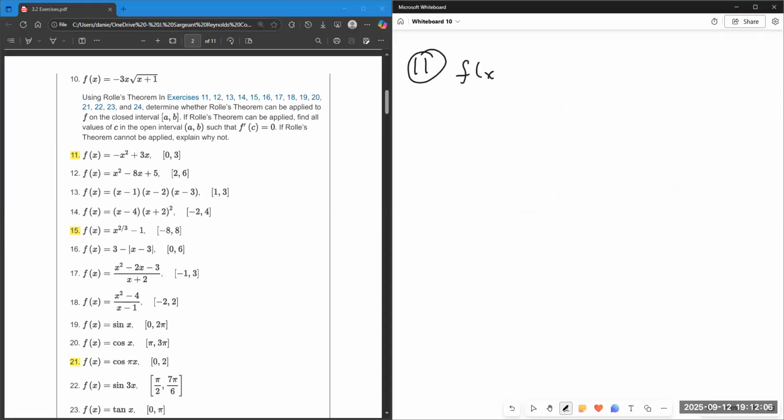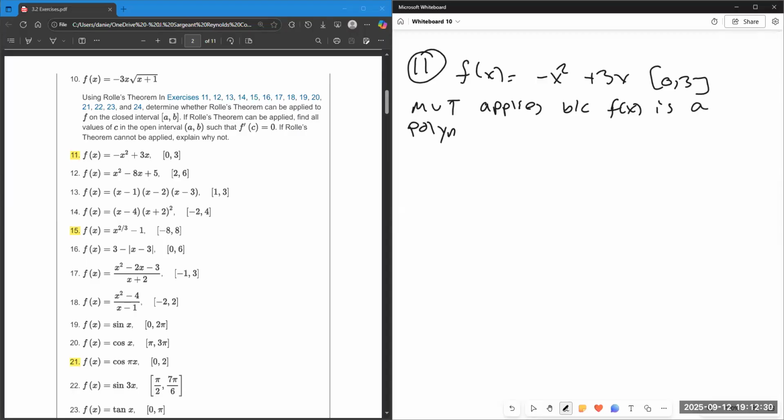So f of x is equal to negative x squared plus 3x on the interval 0 to 3. So the mean value theorem is going to apply because we have a polynomial that is continuous and differentiable everywhere.